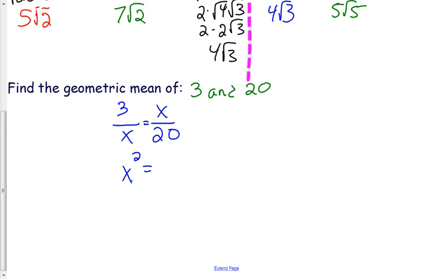We cross multiply. We get that x squared equals 60. Square root both sides. 60 is not a perfect square, so I need to break it down. Root 4 times root 15. So I get that x equals 2 root 15.